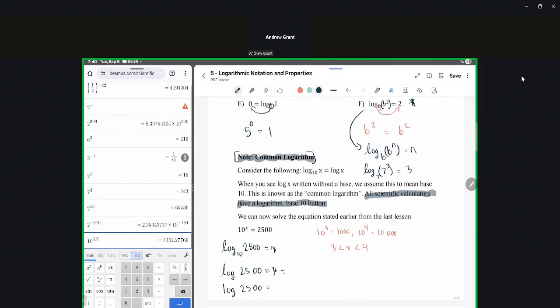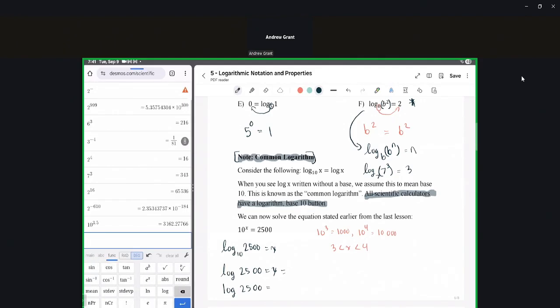Okay, so let's type this in now. If I go to main, ABC, then we want to go to function here, click on the log button, go back to main, and then type in 2500.